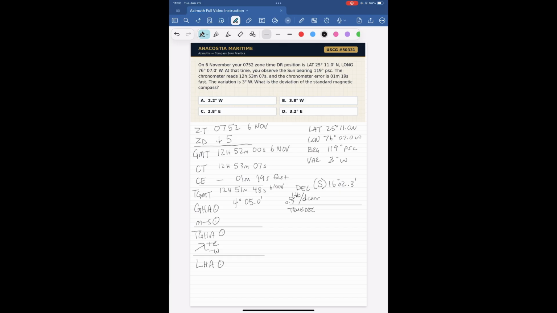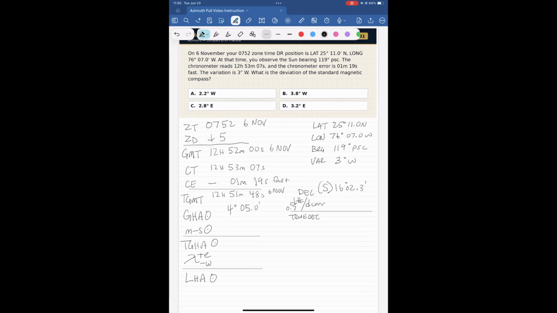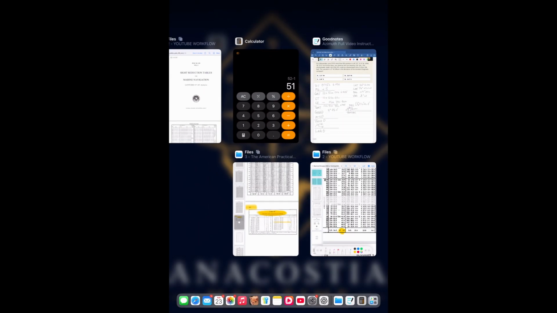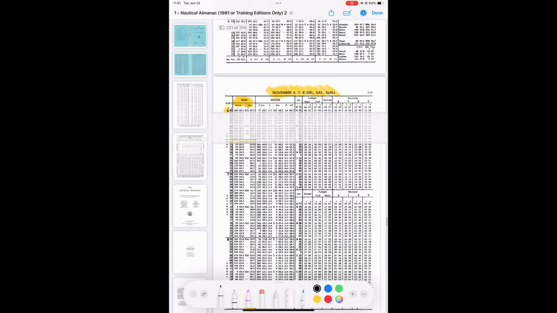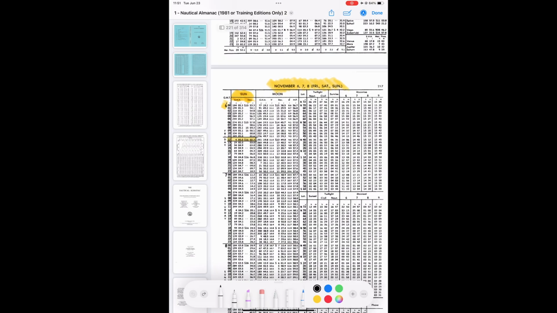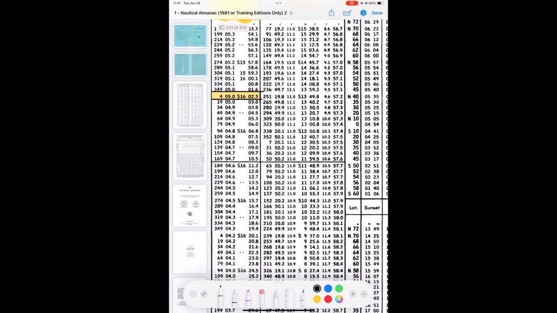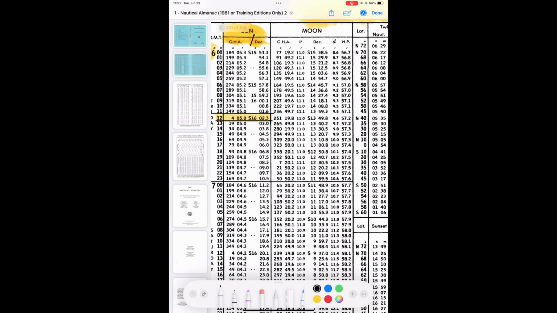Now, to determine whether we plus or minus this correction, because we're going to obtain the correction in a second, we have to take a look at our daily page. If we move our ruler away, we look in our declination column.